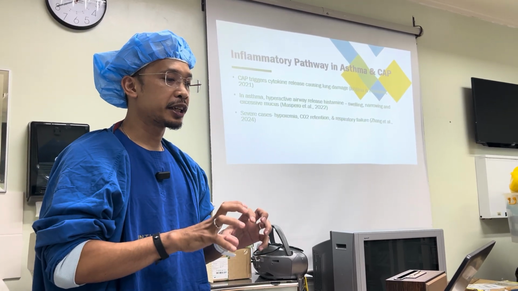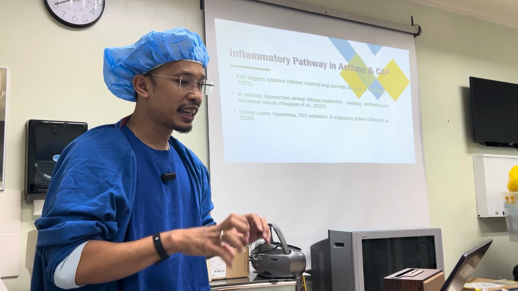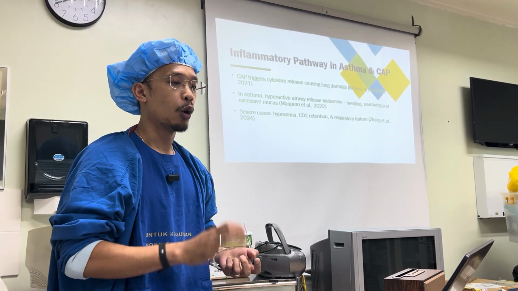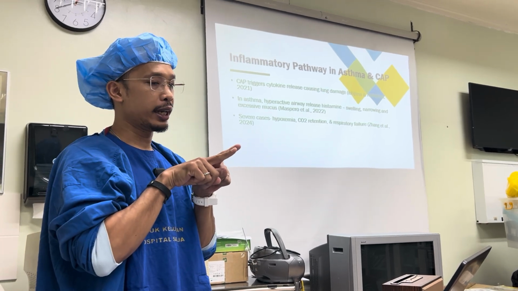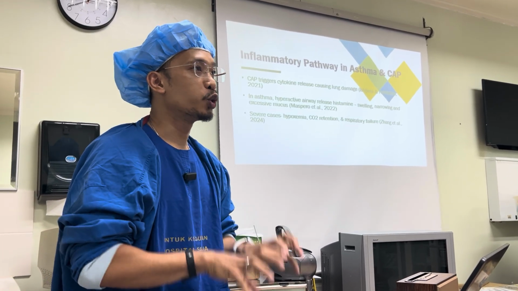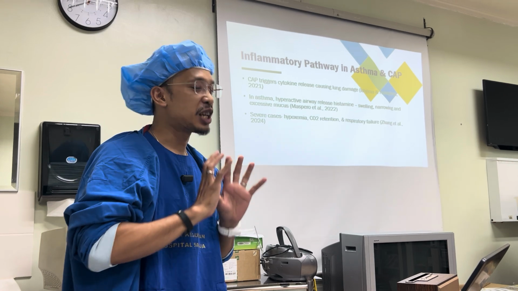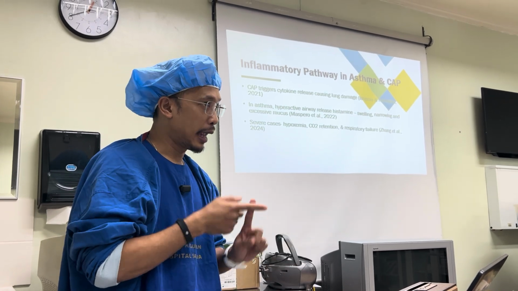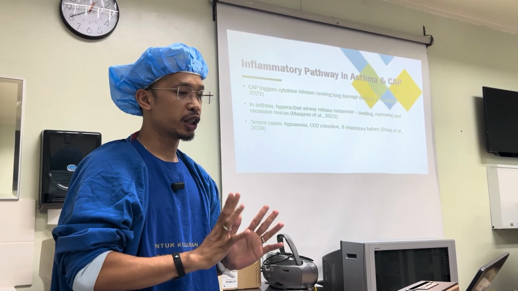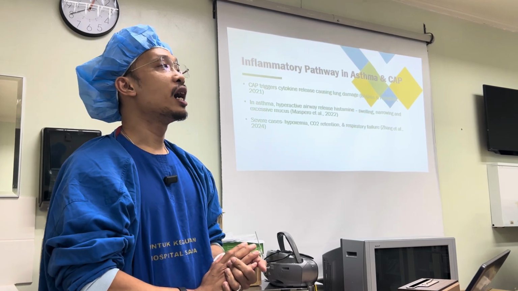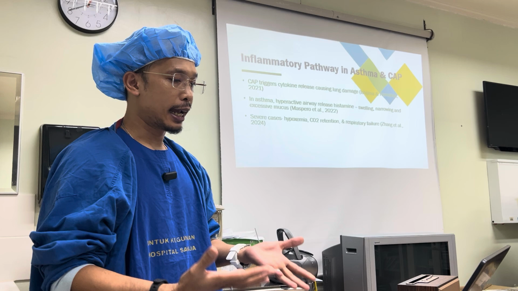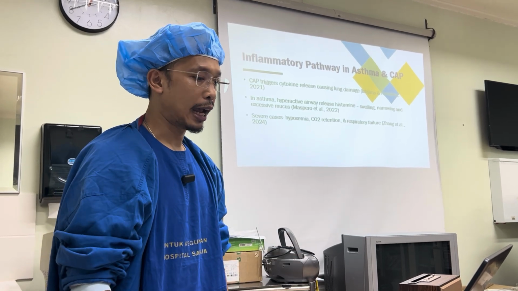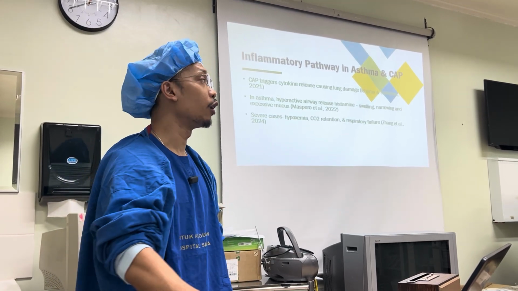The airway is already hyperactive. So when triggered, they release histamine, which leads to swelling, narrowing of the airway, and way too much mucus production. It's a really bad case, whether it's CAP or asthma. Patients can end up with hypoxemia, carbon dioxide retention, and even respiratory failure. That's when things get serious, and patients need aggressive intervention to avoid crashing.